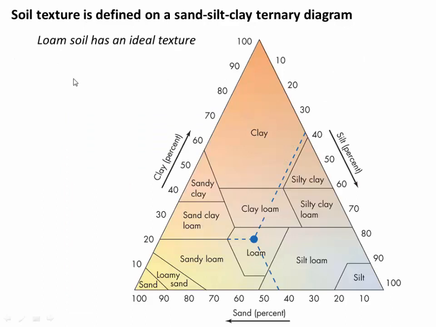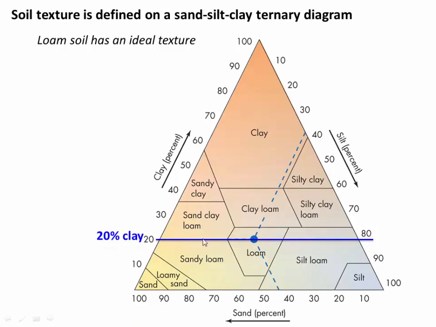And we think of soil texture using what's called a ternary diagram. In this case, the ternary diagram shows the percentage of clay, the percentage of silt, and the percentage of sand in a given soil. So up here is a very clay-rich soil, a very silt-rich, and a very sand-rich. You may know that the optimal soil is called a loam.